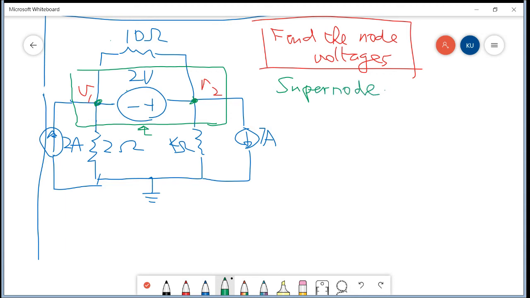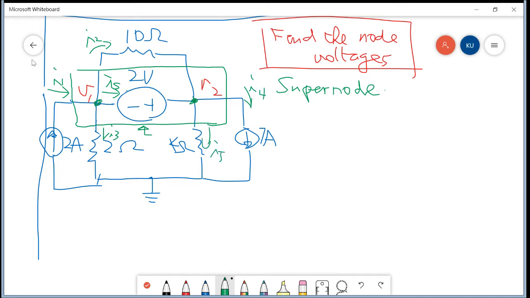The reason why we can do that is something like this. For example, this may be called I1, I2, I3, and this is the current going through the source. We call it IS, and maybe we can call this one I4, I5.